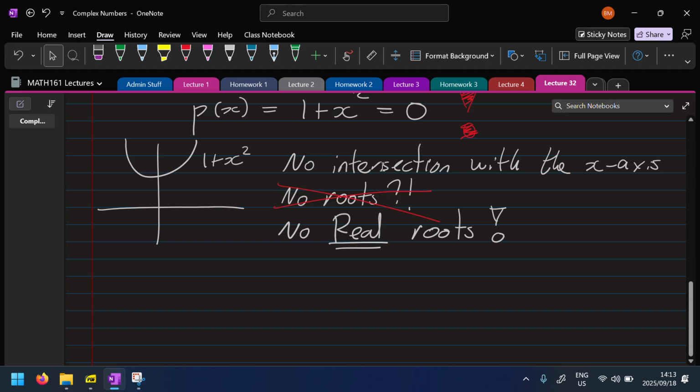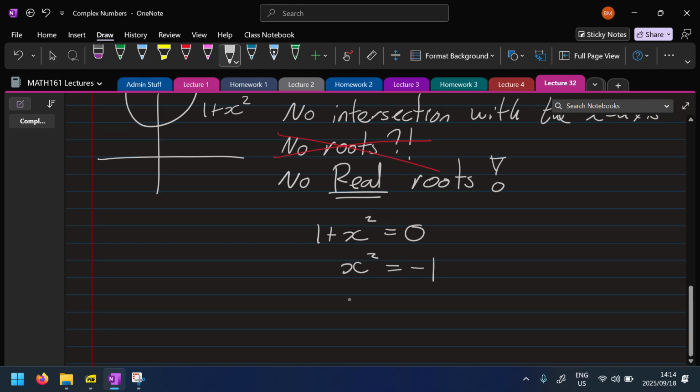Okay, so let's have a look at the problem again. We've got 1 plus x squared is equal to 0. So x squared is minus 1. And let's just force this to be a solution. We take the roots on both sides. We get x is equal to plus minus the root of minus 1.